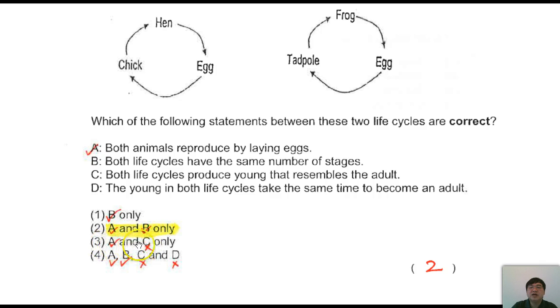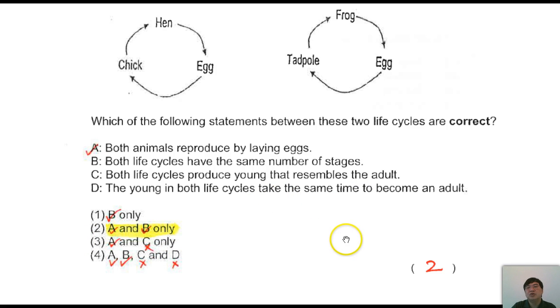If there's a portion in a choice which is wrong, it means the whole answer is not right. So C is here, C is here, therefore 3 and 4 should never be the answer. The answer is 2. Then of course you can check on D. The young of both life cycles take the same time to become adult. This is totally wrong. So the answer is 2.